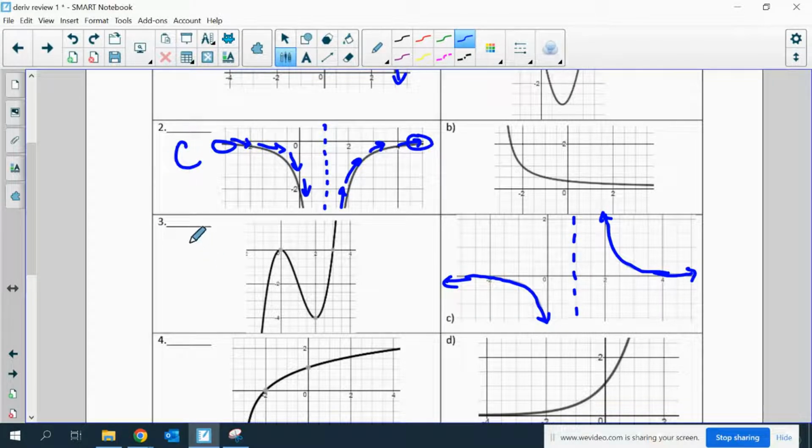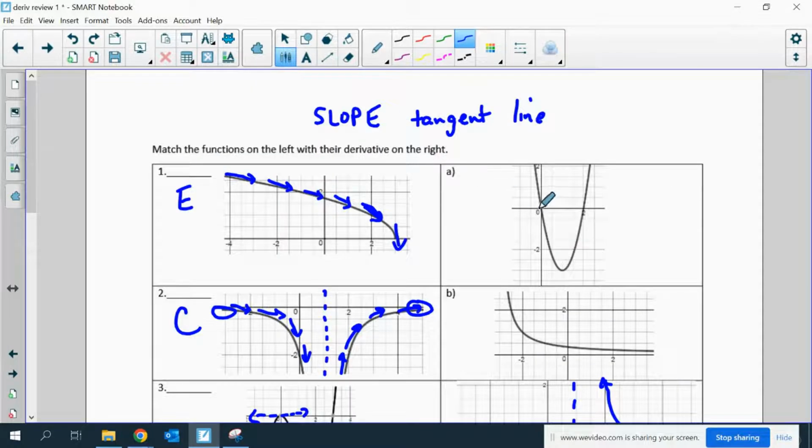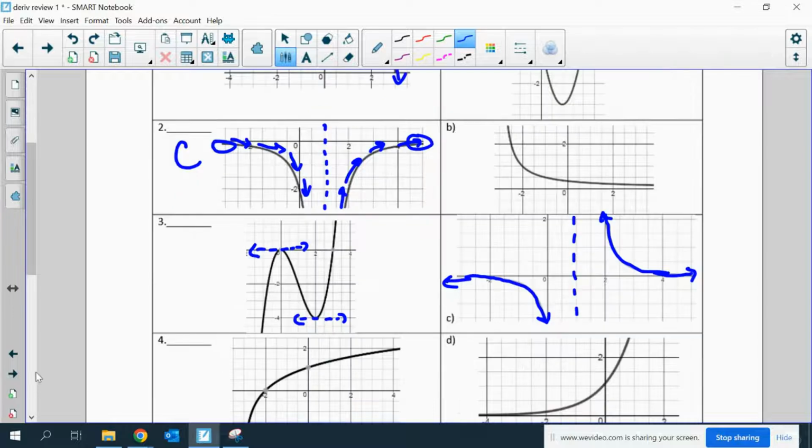So that's C. If we look at number 3, I'm going to have horizontal tangent lines at 0 and 2. Horizontal tangent lines have derivative 0. If I look at graph A, those derivatives are 0 at 0 and 2.